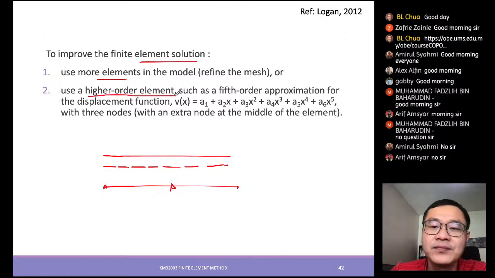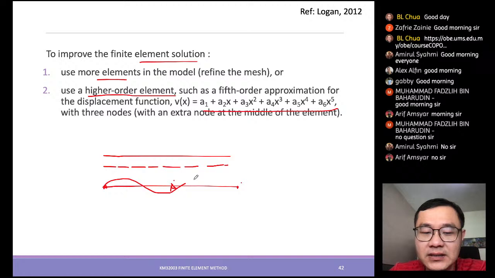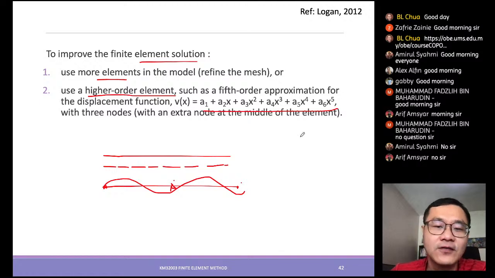If we have one mid node, you have 2 more degrees of freedom, 4 and 6, so 6 parameters, and the displacement function will be in the order of 5. In this way you can also improve the result of the finite element.